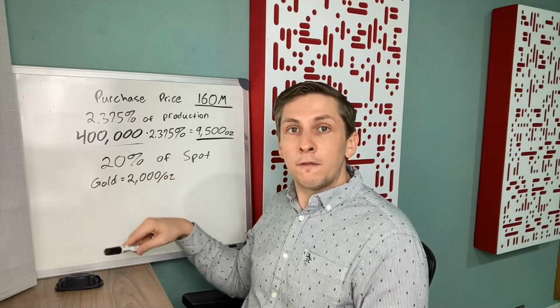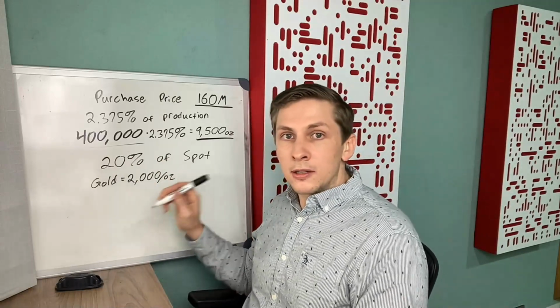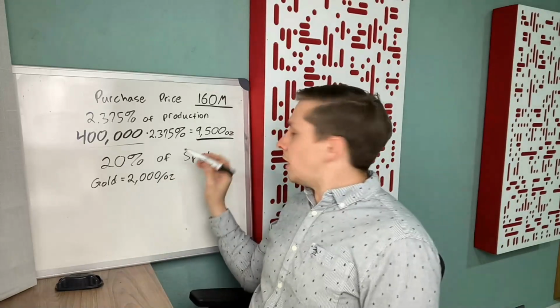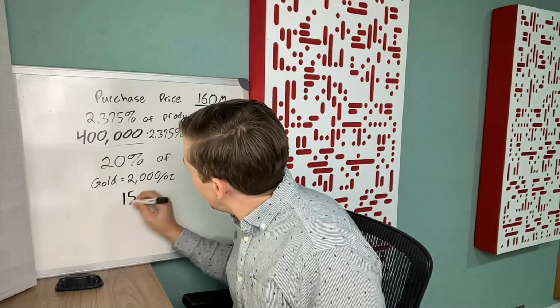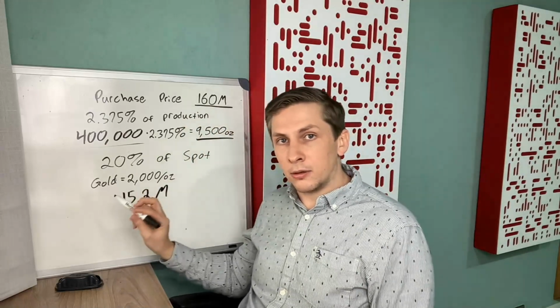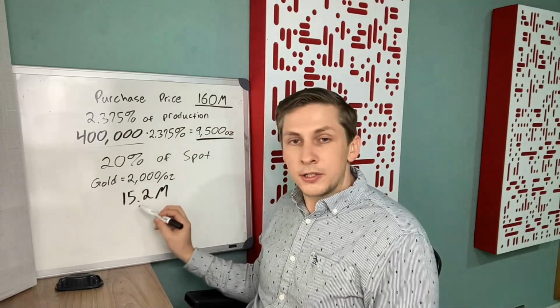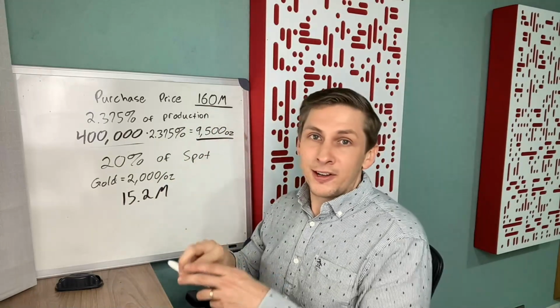They would pay $400 an ounce to the operator of the mine, guaranteeing them 80% margins, and they would be earning $1,600 per ounce of gold received. $1,600 times 9,500 ounces is $15.2 million. That is the cash flow that Sandstorm is going to receive in the first year of operation from those 9,500 attributable ounces.